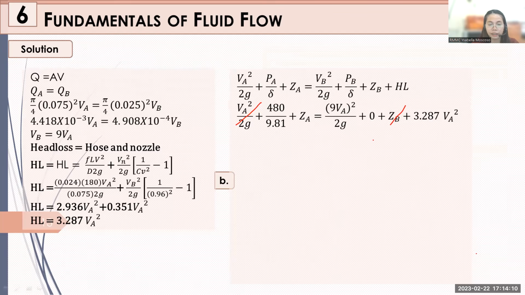ZA is equal to ZB. The pressure at point B is 0 because that is open to the air. If the pressure is open to the air, therefore the pressure is 0. So, ilan yan? Makukuha ninyo as a value of your VA.